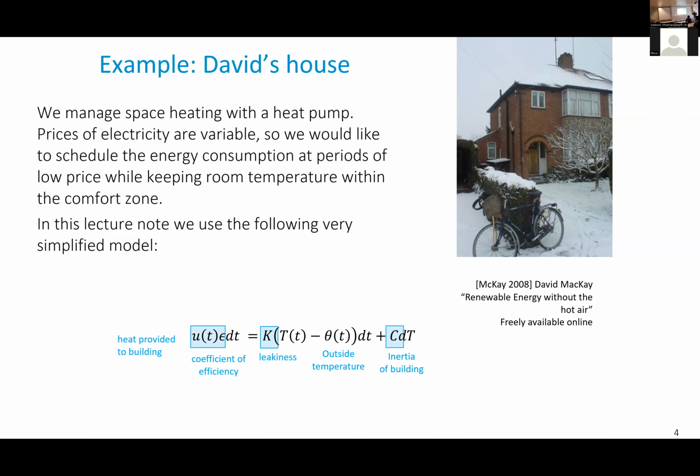So in a not so distant future where there's a lot of solar energy everywhere, a lot of electricity is available around noon, around the middle of the day. So we would like to incentivize people to use electricity at this time rather than at another time of the day when there is less energy. That's an example motivated by solar energy.